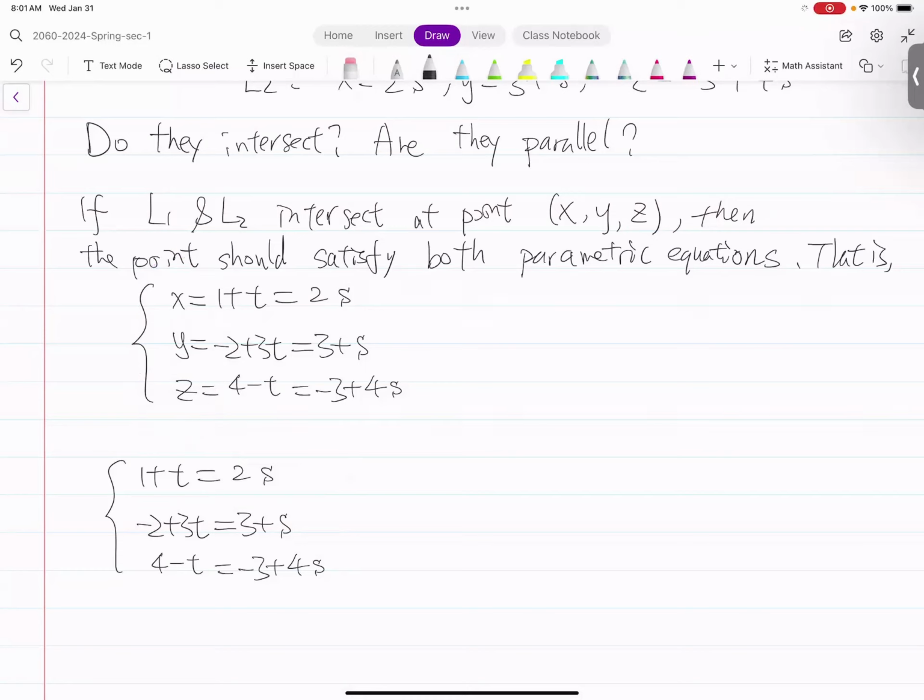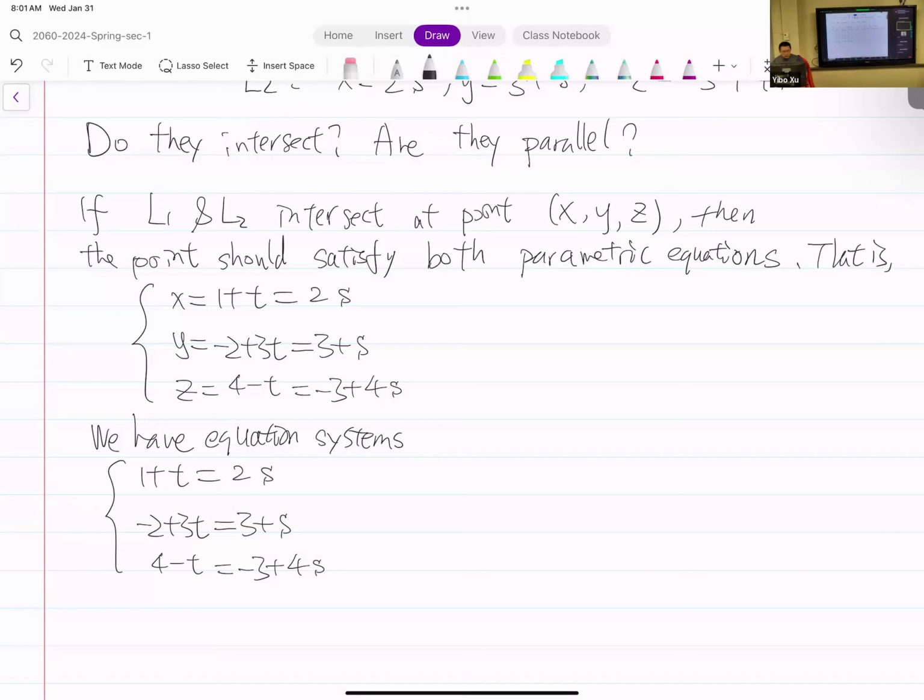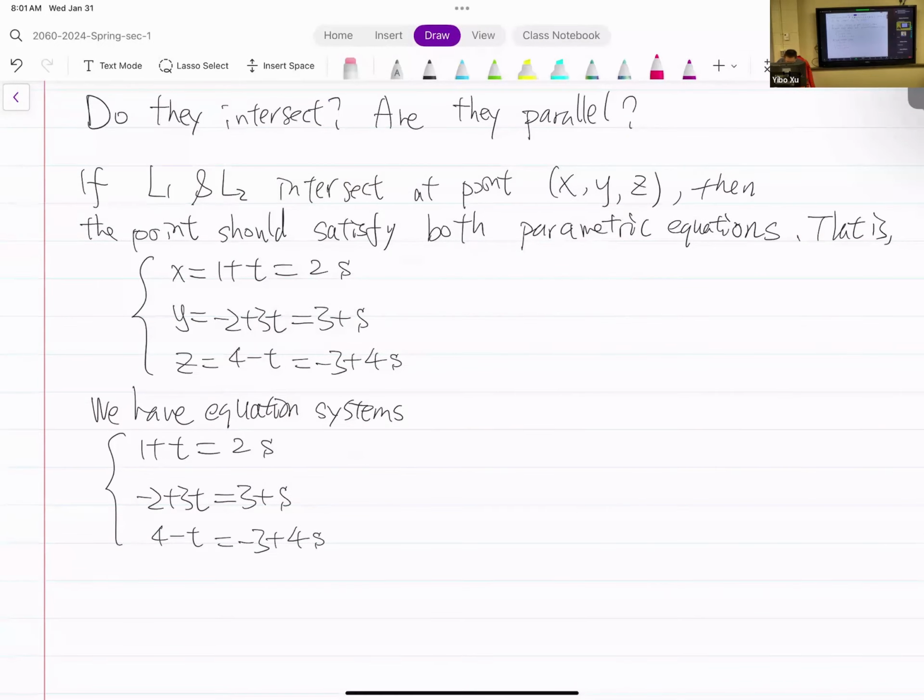So we have an equation system to solve. That's three equations and two variables.